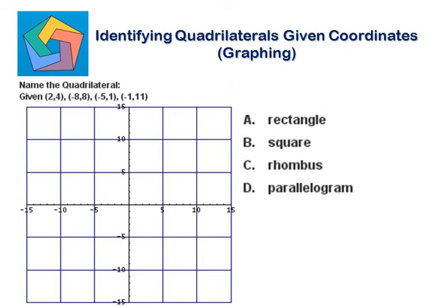Next problem. Name the quadrilateral given 2, 4, -8, 8, -5, 1, -1, 11. A, B, C, D. 2, 4. This is the point A. -8, 8. -8 here and 8 above.